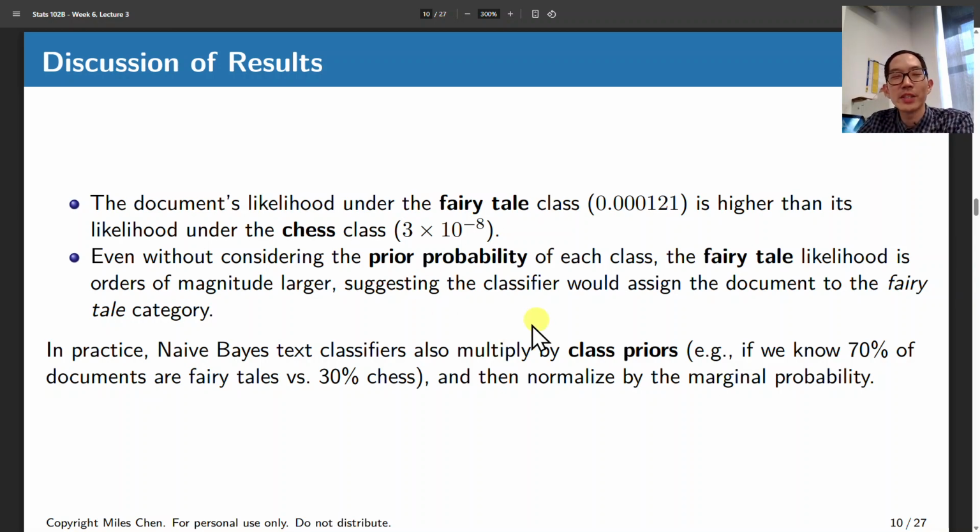But even without considering the prior probabilities, the fairy tale likelihood is orders of magnitude larger, and so when we classify it, we're going to classify it as much more highly probable that it is a fairy tale document, okay? In practice, naive Bayes classifiers also multiply by the class priors, so if we knew 70% of documents are fairy tales and 30% chess or something, we can do that, put in our marginal probabilities, okay?